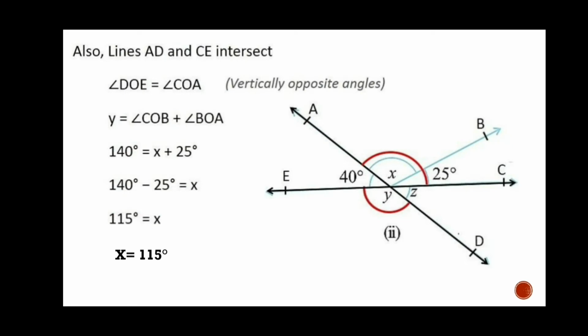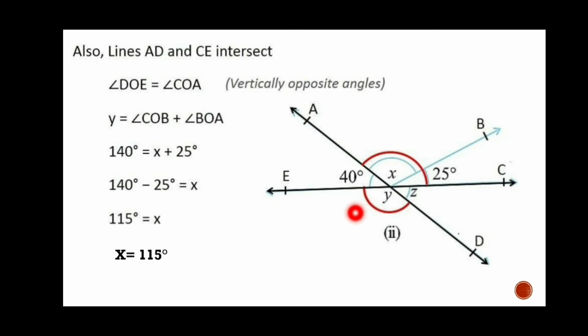Now you can see from the figure that lines AD and CE are intersecting each other, and they are making some angles. So angle y and this angle x plus 25, this complete angle, the red line highlighted angle, is vertically opposite to angle y, this one.